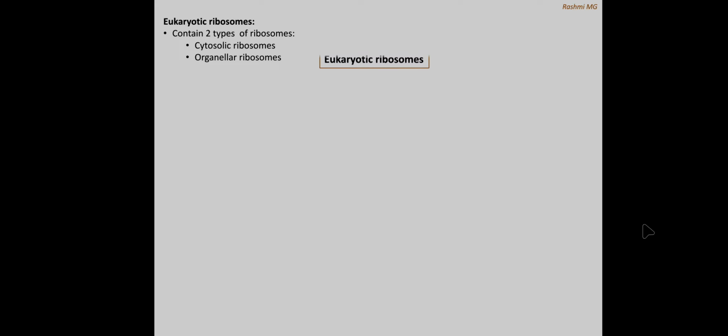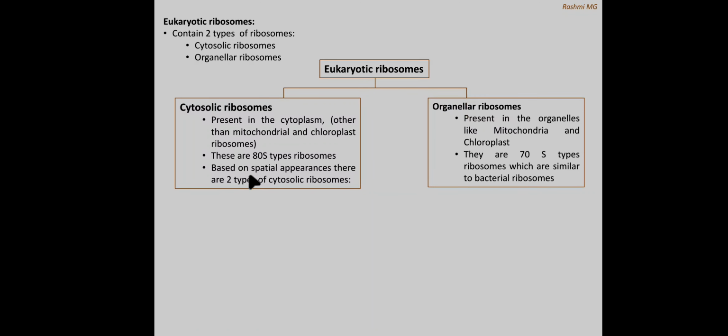Next is the eukaryotic ribosome. Eukaryotic ribosomes contain two types, as I already mentioned. Cytosolic ribosome is nothing but the ribosome present in the cytosol. Organellar ribosome is present in mitochondria and chloroplast; these are different ribosomes present inside the cell.